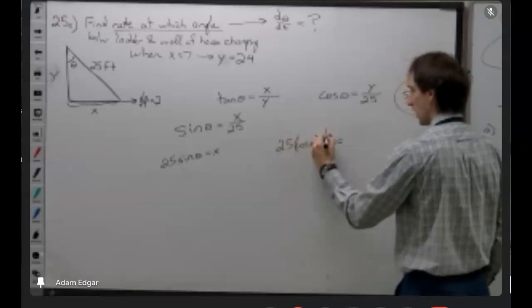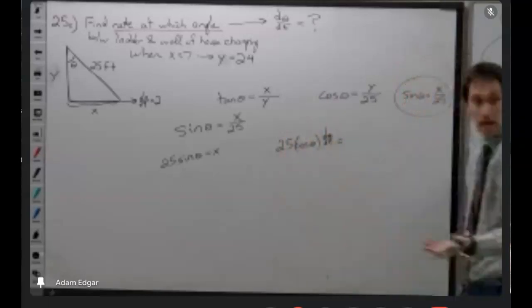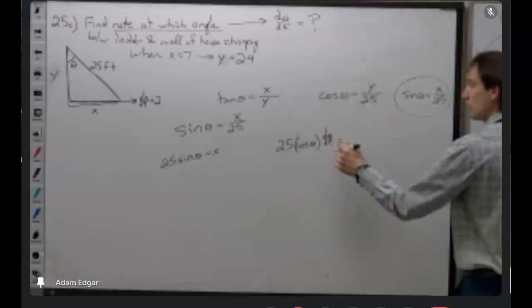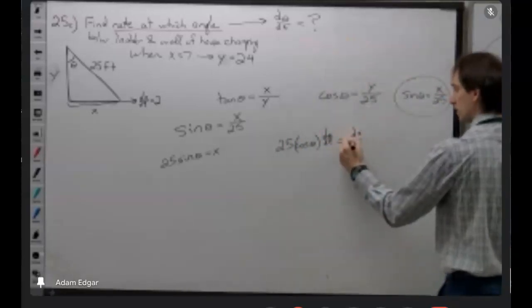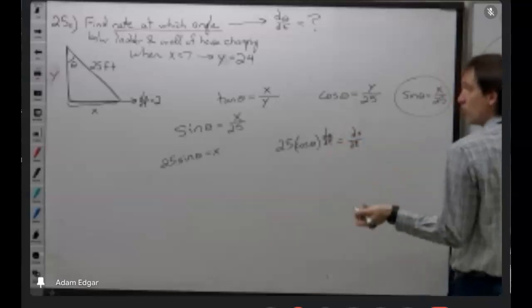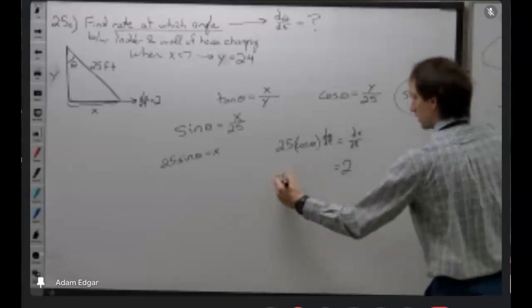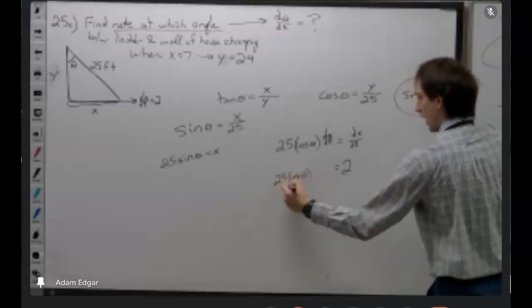Right? So you're going to need to get a d theta dt somewhere because that's what you're looking for. And that equals dx dt. Now, you know that dx dt is 2. And you don't know your angle yet.